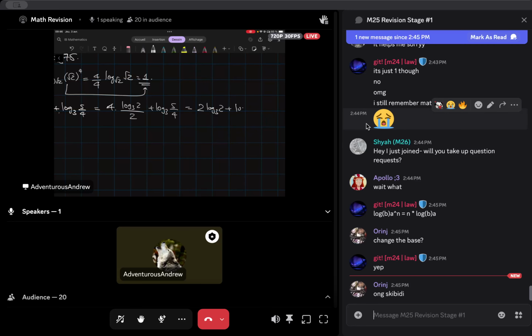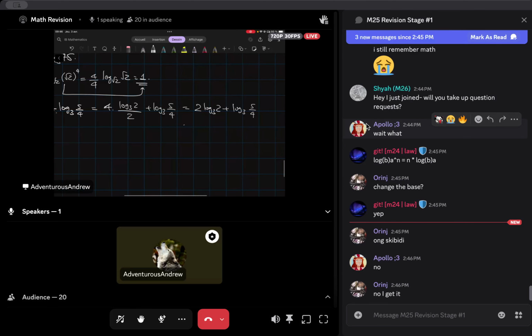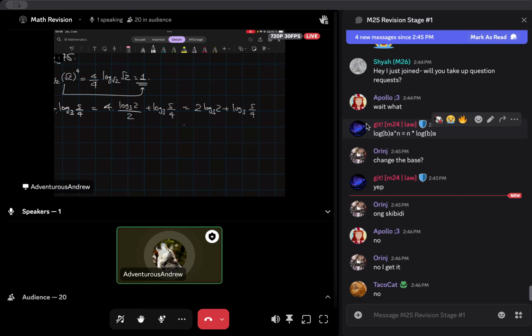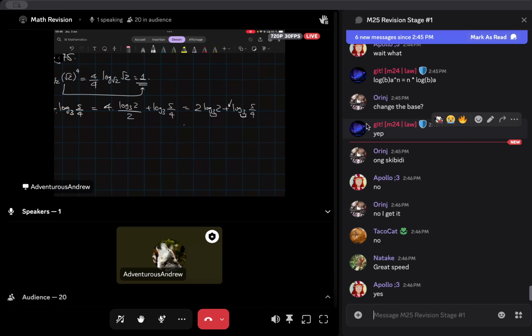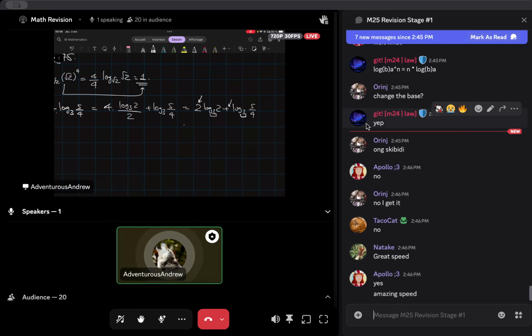Am I going too slow? Two log base 3 of 2 plus log base 3 of 5 over 4. Same base, different coefficients. You cannot add them. So we got to make them the same.